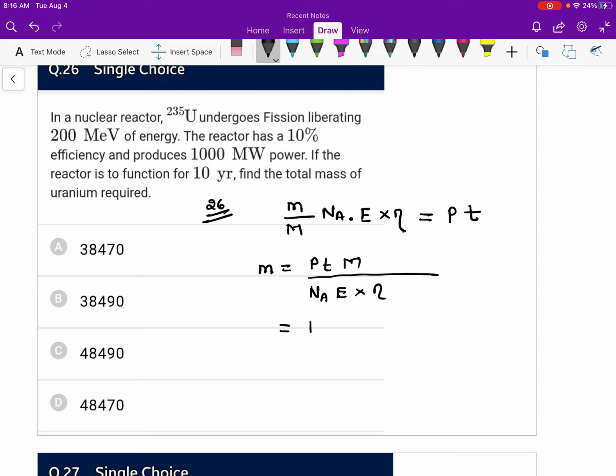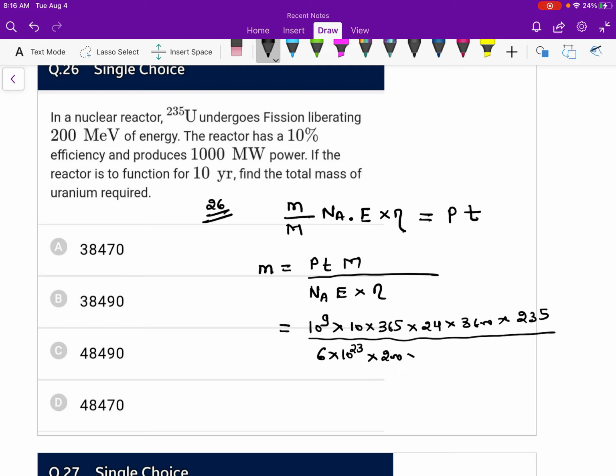So power is 1000 megawatt, so 10 to power 9. Time 10 years, so 10 into 365 into 24 into 3600. Molar mass, that is 235, this molar mass, upon Na, which is 6 into 10 to power 23 into capital E, 200 mega electron volt, so 200 into 10 to power 6 into 1.6 into 10 to power minus 19, and efficiency, which is 10%, so 0.1.